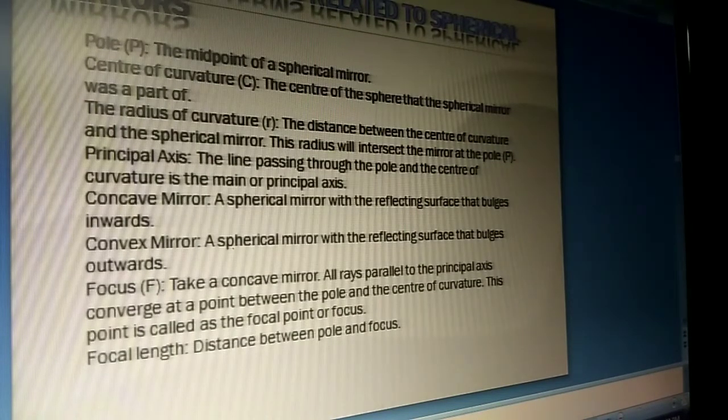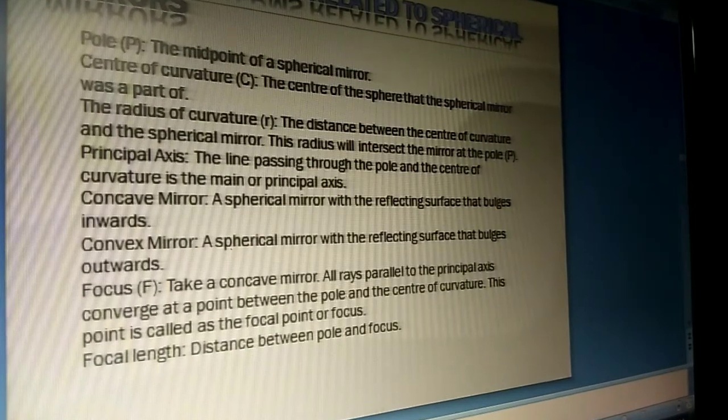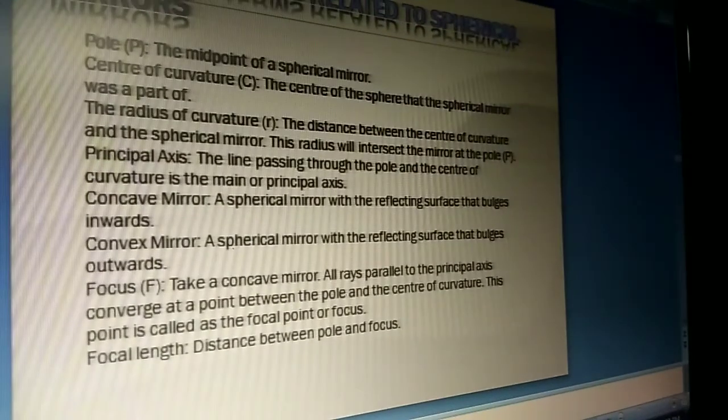Now, whenever a parallel beam of light is incident on a concave reflecting surface, the reflected rays meet at a point on the principal axis between the pole of the mirror and the center of curvature.